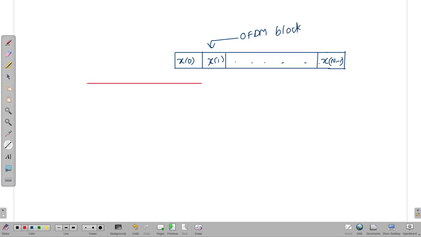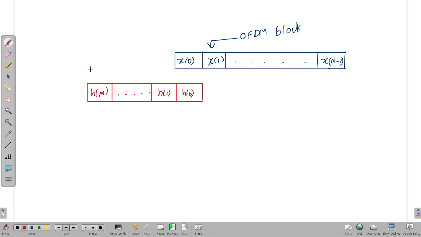So the impulse response here has h of 0, h of 1, etc., up to h of mu.